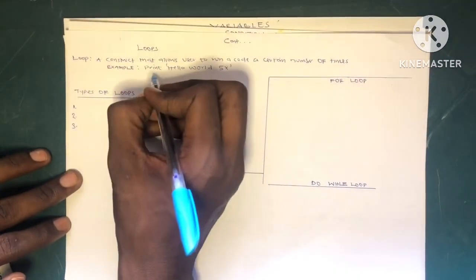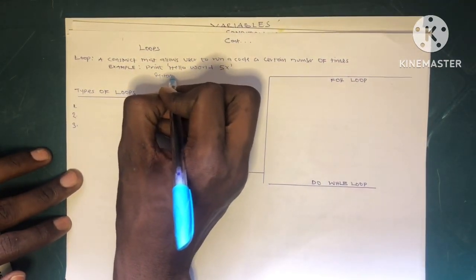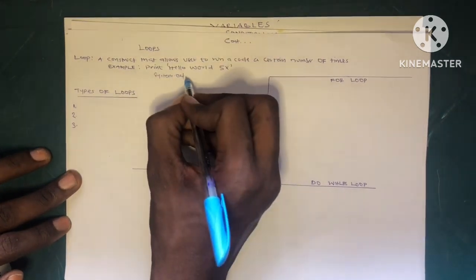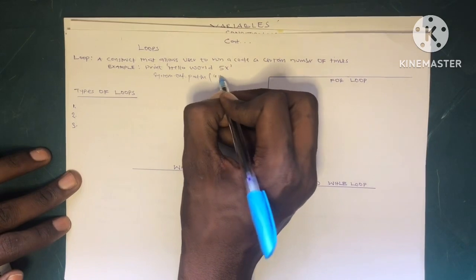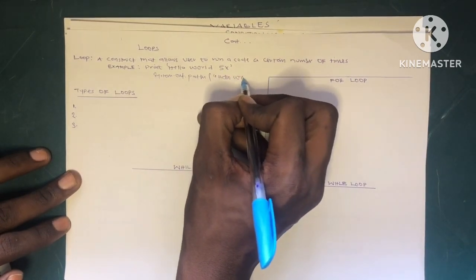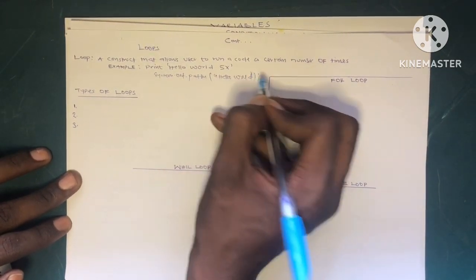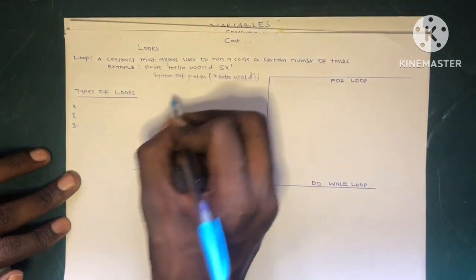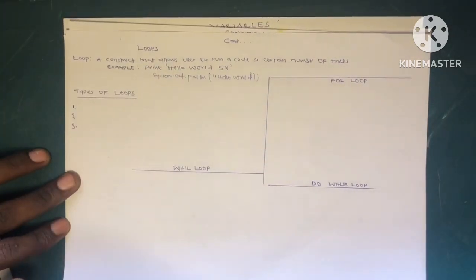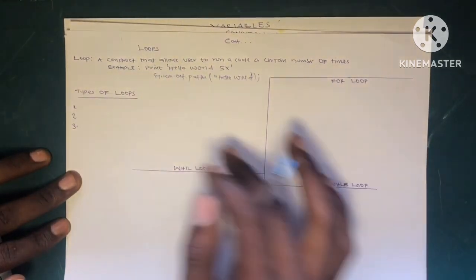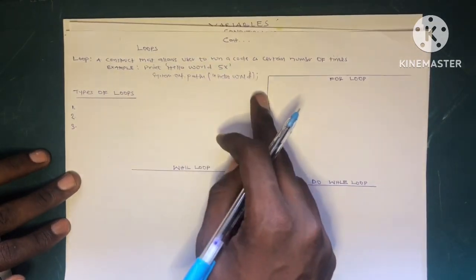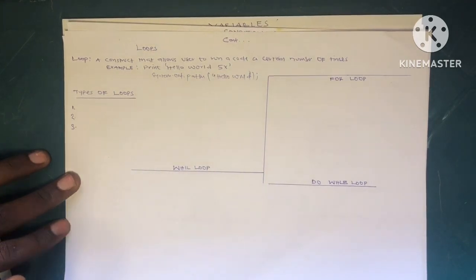Normally you write System.out.println and say hello world, and you do it again. You would have to do this 5 times, but loops have made it very easy. You don't have to write System.out.println hello world 5 times.